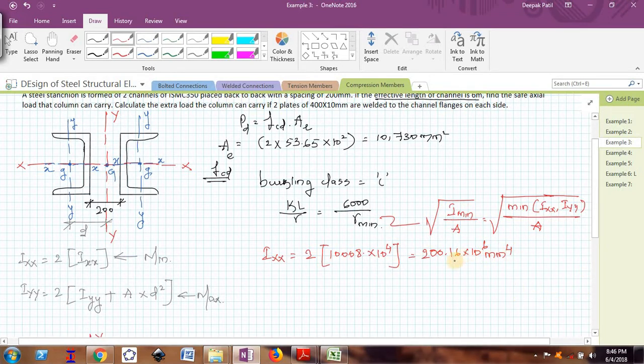millimeter raised to 4, right? So this will be the minimum, that I will substitute here.